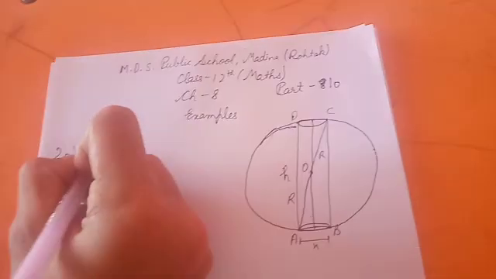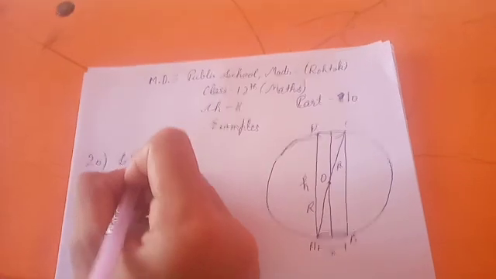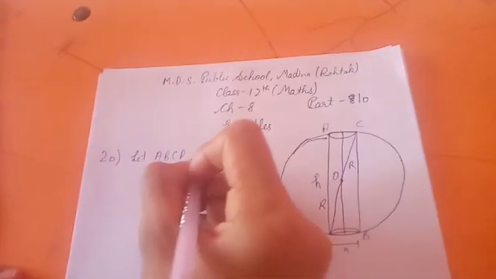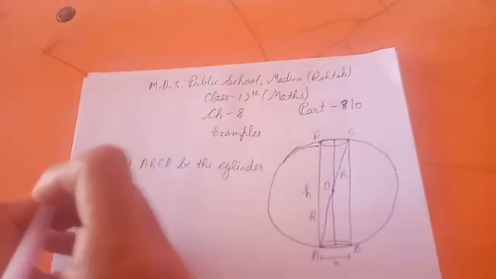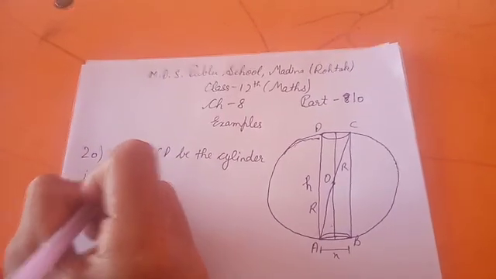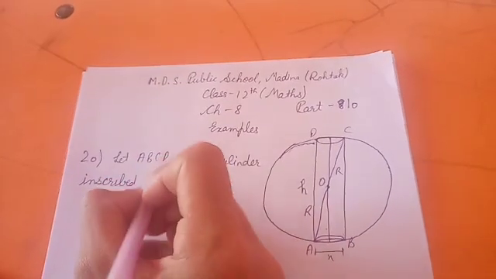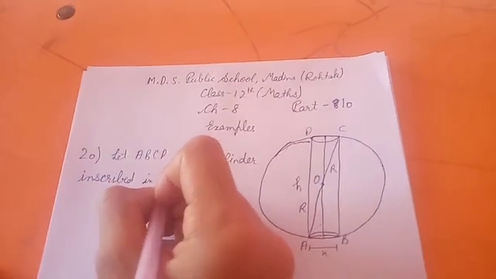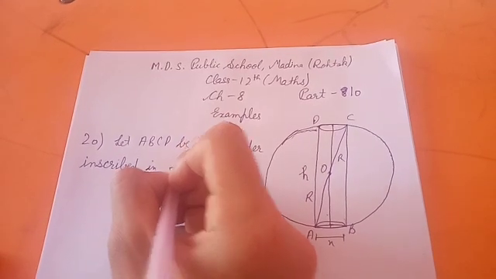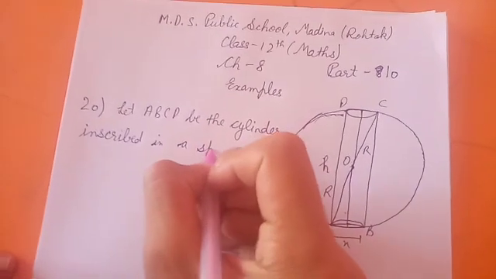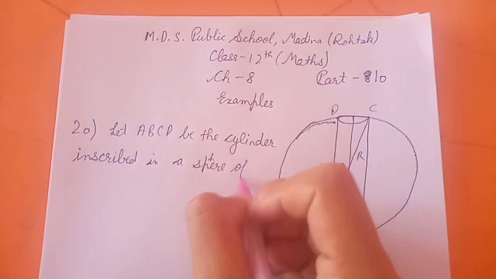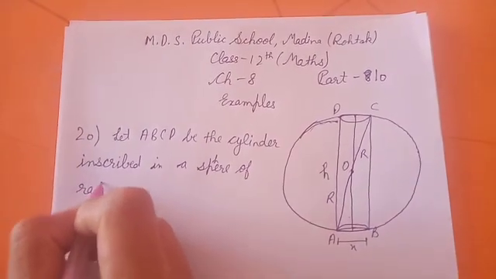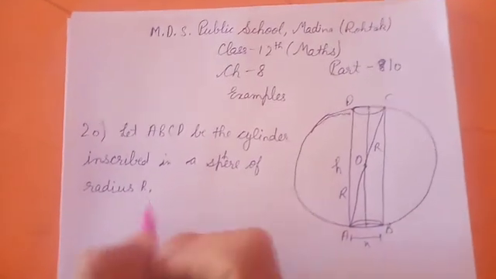Let A, B, C, D be the cylinder inscribed in a sphere of radius r.